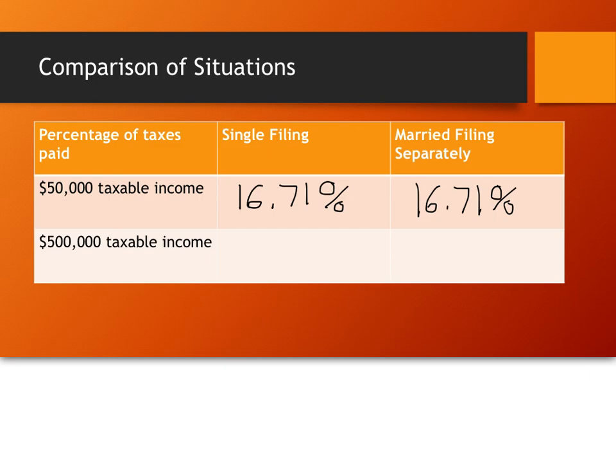And it did matter at $500,000. If you filed single, you had a 31.01% federal tax burden, and if you were married filing separately, you had a 34.28% tax burden. Okay?